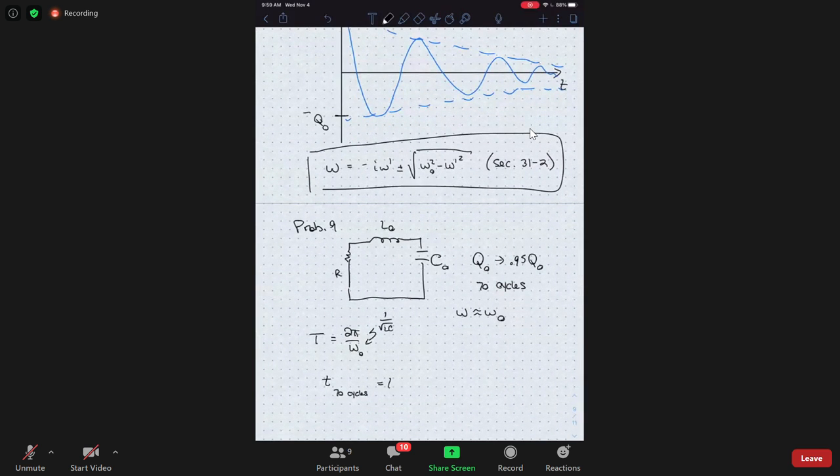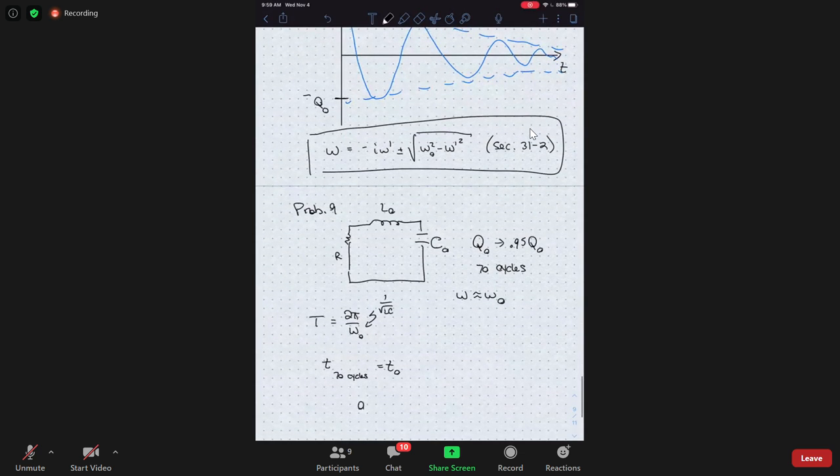You'll find some T naught. And then you can remember that Q falls like e to the minus omega prime t. It starts to decay like that. So now you know what this omega prime is. This is R over 2L. So using all of this information, you can now figure out what R has to be in order to make this work, right?